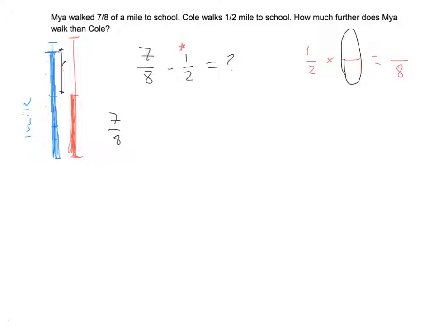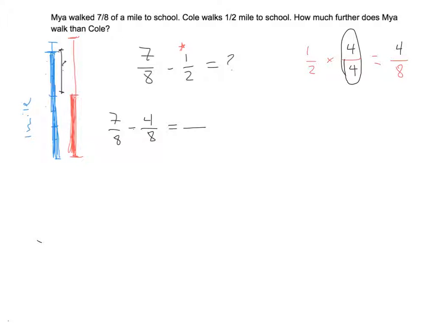Now 2 times some number gives us 8, and we said just a moment ago that that is going to be 4. Now 2 times 4 is 8, and 1 times 4 is 4. So we're going to change our 1/2 to say 4/8.